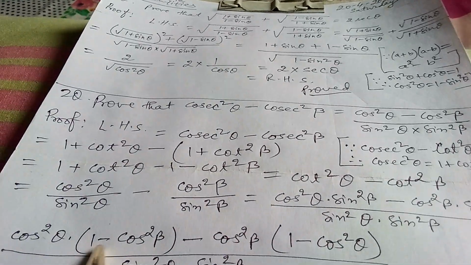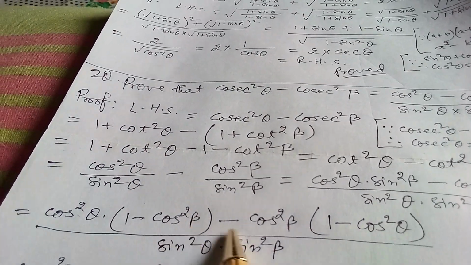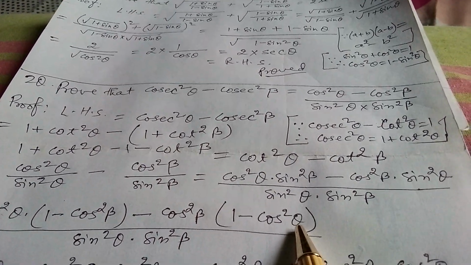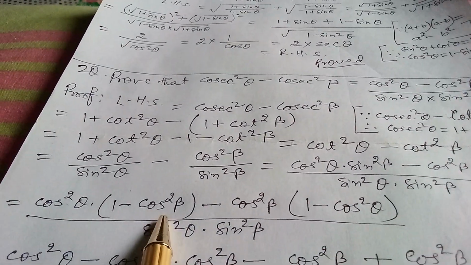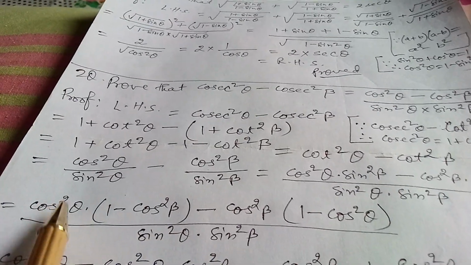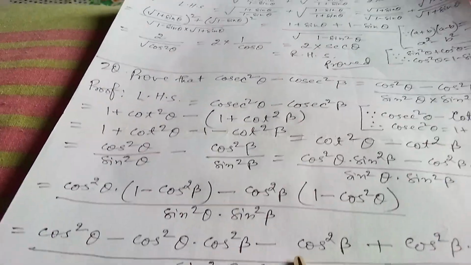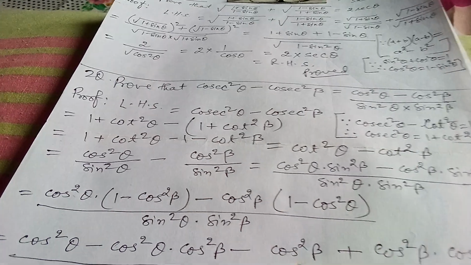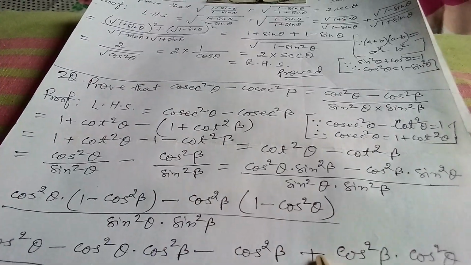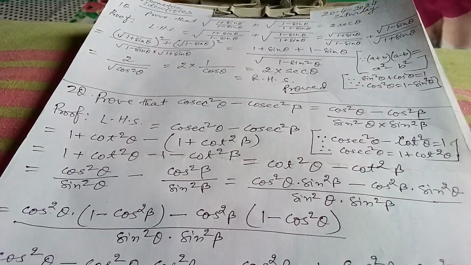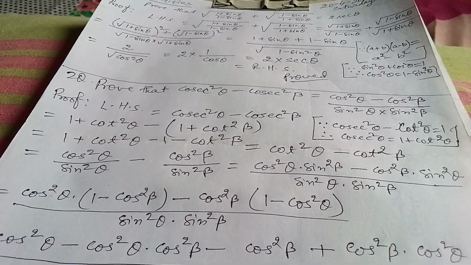So cos square theta into 1 minus cos square beta minus cos square beta into 1 minus cos square theta. Now after removing the bracket, we get cos square theta minus cos square theta into cos square beta minus cos square beta into 1 is cos square beta, minus minus plus, and cos square beta into cos square theta, by sin square theta into sin square beta.